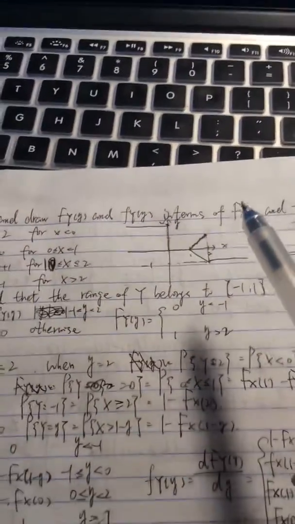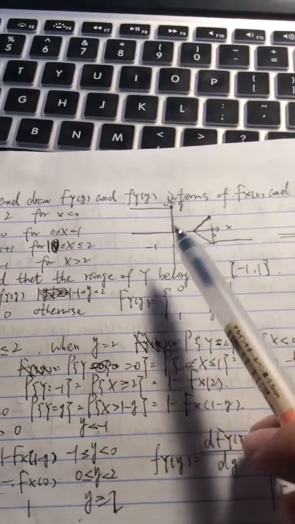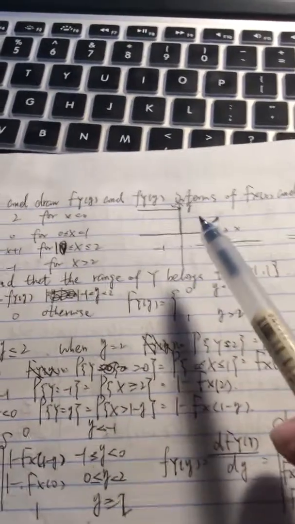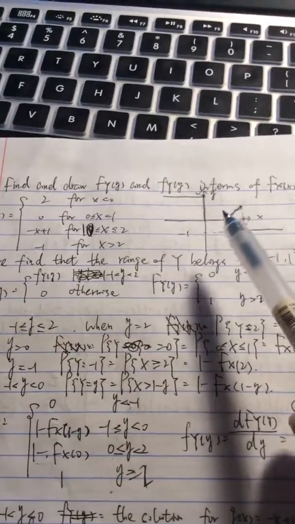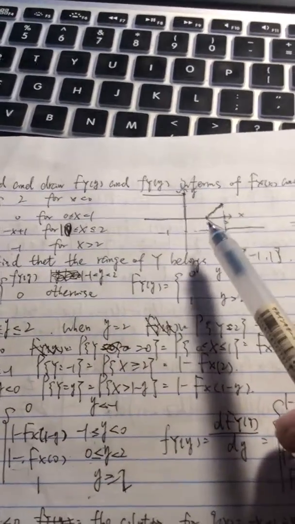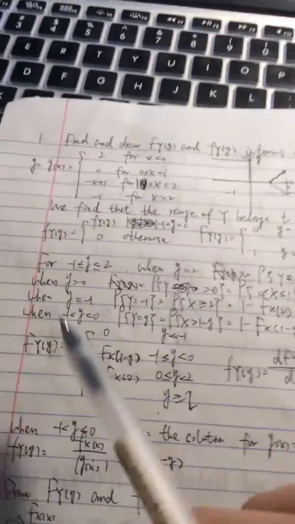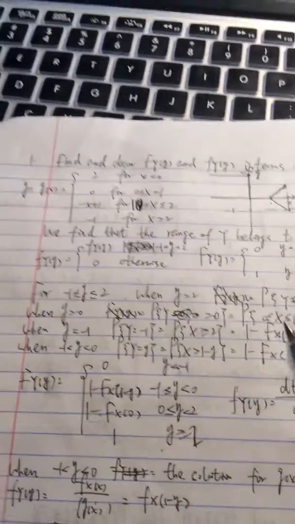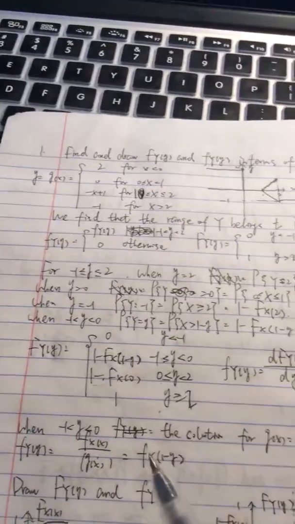According to the graph shown on the paper, when y is greater than minus 1 and less than 0, we can find a solution of x in terms of y. So the probability of y less than y equals the probability of the random variable x being greater than that solution. So it just equals 1 minus the CDF of x at 1 minus y.